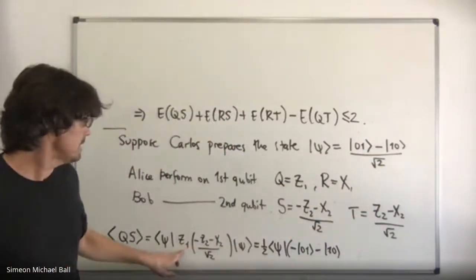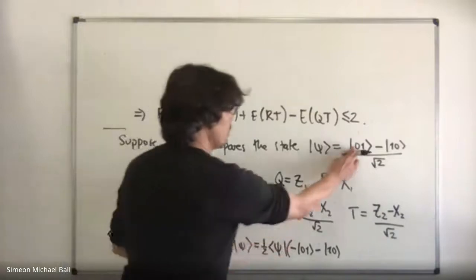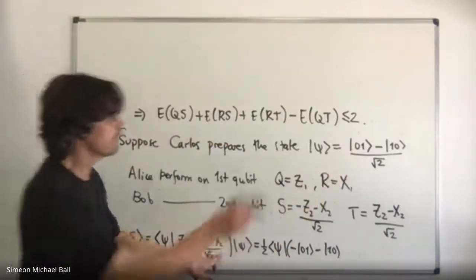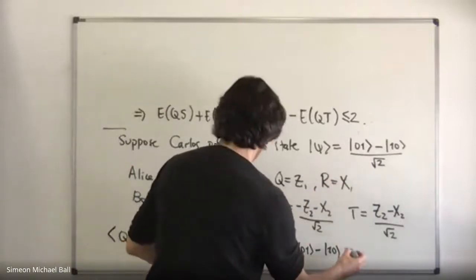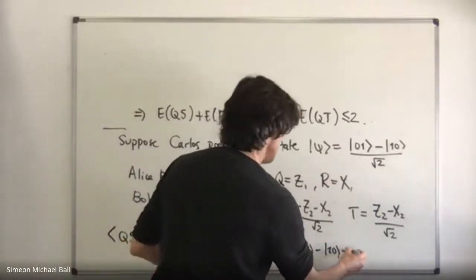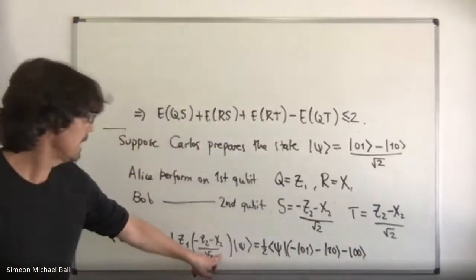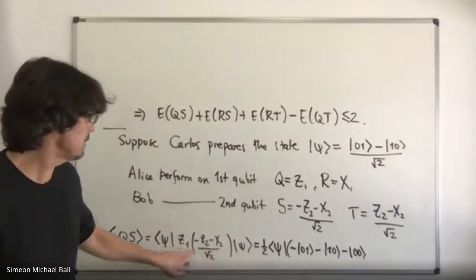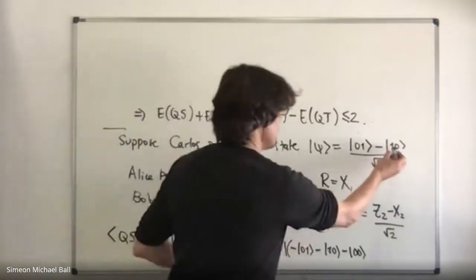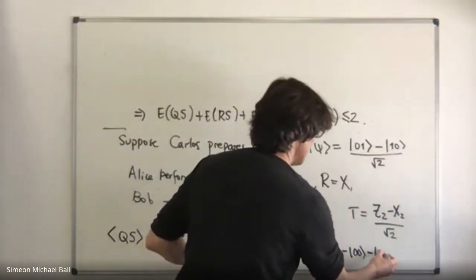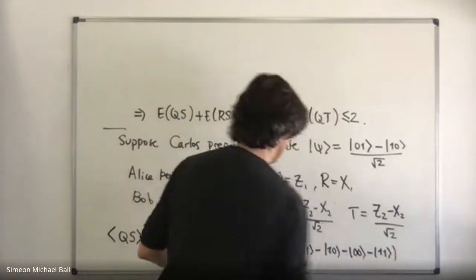Now I've got minus Z1, X2 on this term. The Z1 doesn't do anything on 0, but the X2 flips the 1 to a 0. So I've got minus 0, 0. And now I get a plus with the Z1, X2 on the final term. The Z1 flips the sign again, so it goes back to minus, and I get a 1, 1.